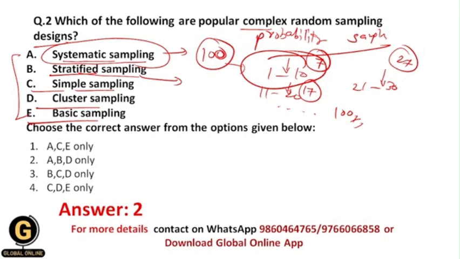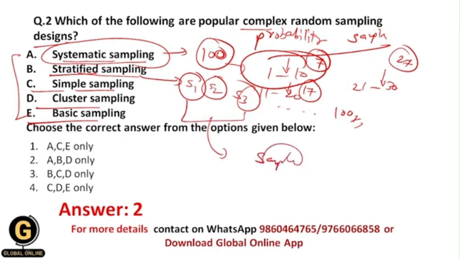What I am going to do is divide this population into different subgroups, for example S1 subgroup, S2, S3, and like that, and I am going to randomly select samples from each subgroup, and after that finally I will make a sample. This would be the stratified sampling technique. So here as well I am going to select the samples randomly, and that's why this is a random sampling design. And here as well I am going to use different kinds of procedures, and that's why this is a complex random sampling design.